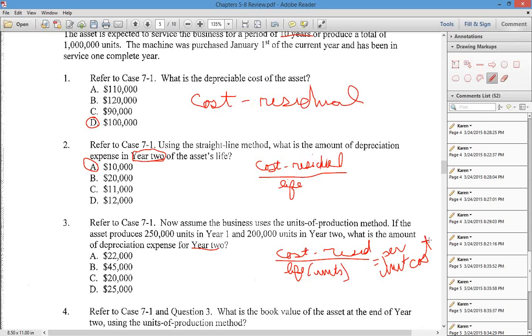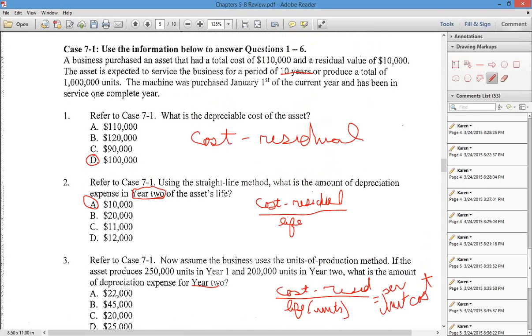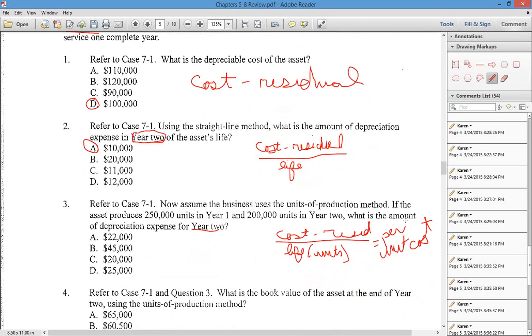Okay, can you get me a per unit cost? So my life in units, if I go back up here, total was 1,000,000. So it's going to be cost minus residual to get 100,000 on the top divided by 1,000,000 to get a unit cost. That happens to be 10 cents per unit.